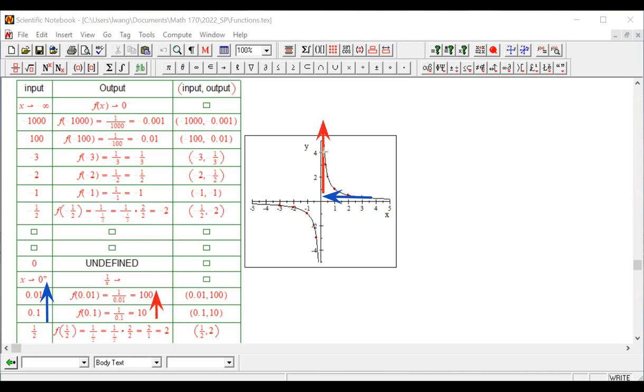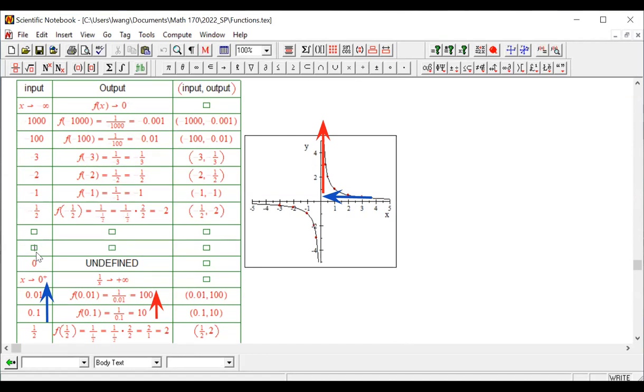So that's the red and that's the blue. How do we express that in mathematics? Well, 1 over x will be approaching infinity, positive infinity if you wish. Infinity and positive infinity are the same thing.